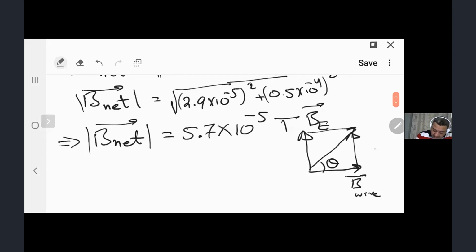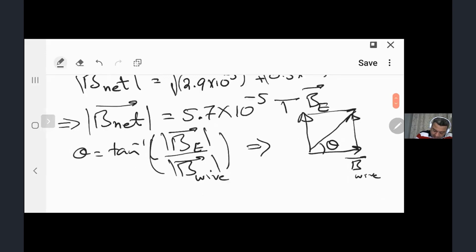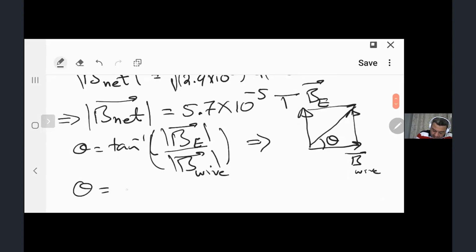So theta is tan inverse of B earth divided by B wire magnitude, which means theta is 60 degrees.